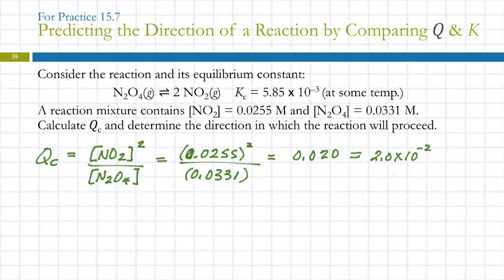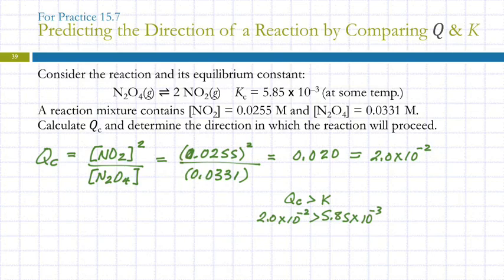So what we have here is that QC is greater than K. Because our QC is 2.0 times 10 to the minus 2, and that's greater than the stated K, which is 5.85 times 10 to the minus 3. So the reaction will react in a way to make QC move towards the value of K. And it will do that until Q becomes K.